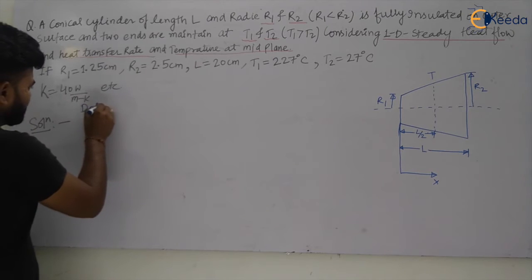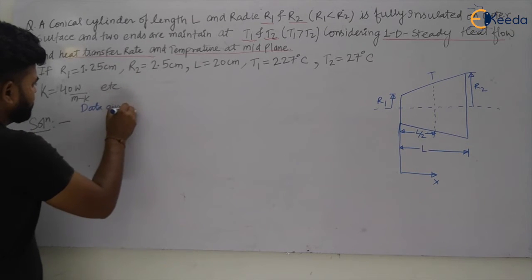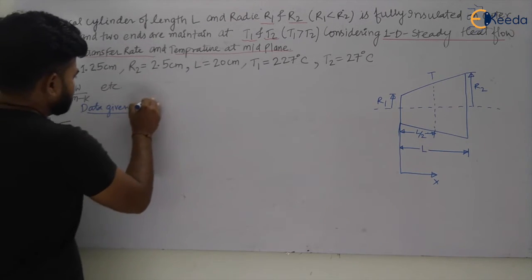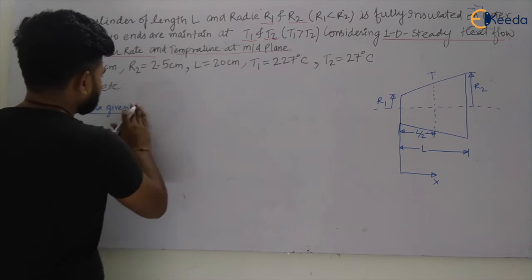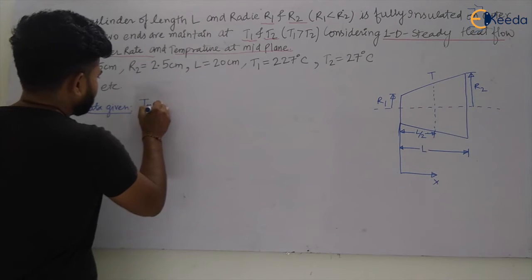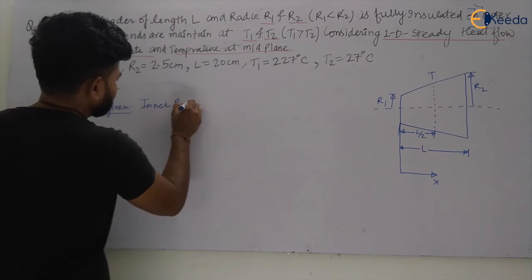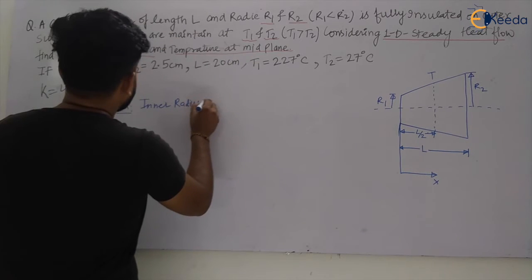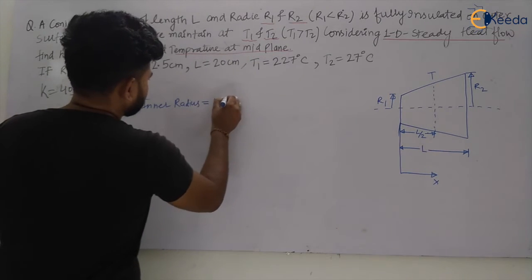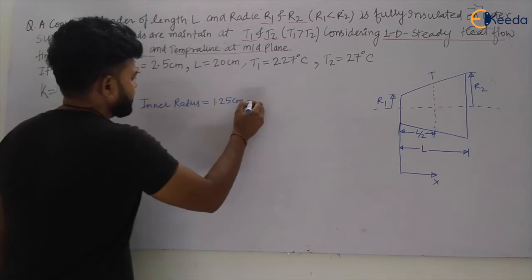So the data given is your radius, that is your inner radius, R1, is equal to 1.25 centimeter. So can I write it in meter?